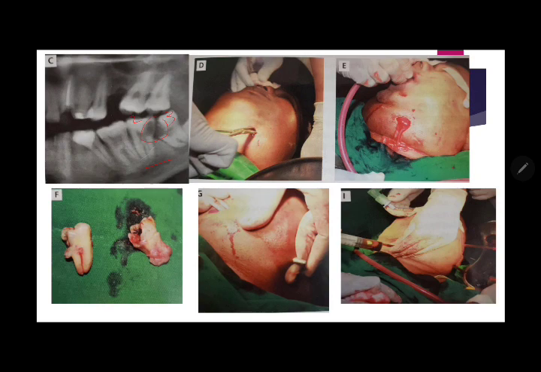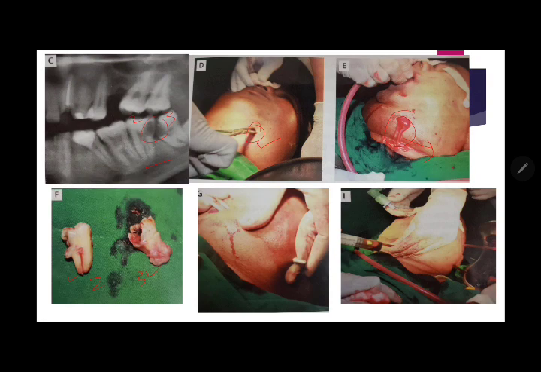Then there is a blunt dissection into both the submandibular and submental spaces, breaking the pus locules. Here is active pus discharge, and here is the removal of the source of infection.